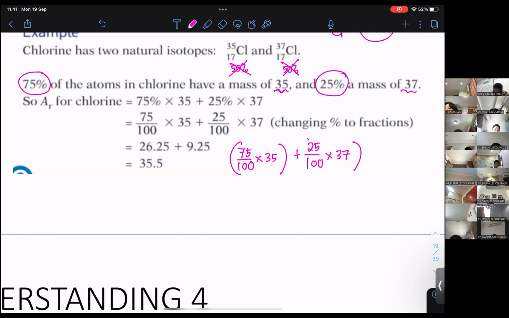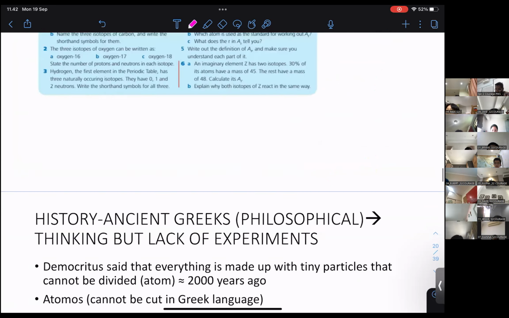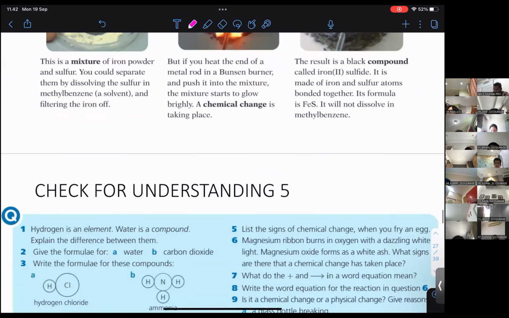So this is to find the average, using a certain ratio. When you calculate this, you are going to get 35.5. And this is why for Cl we are going to get 35.5.